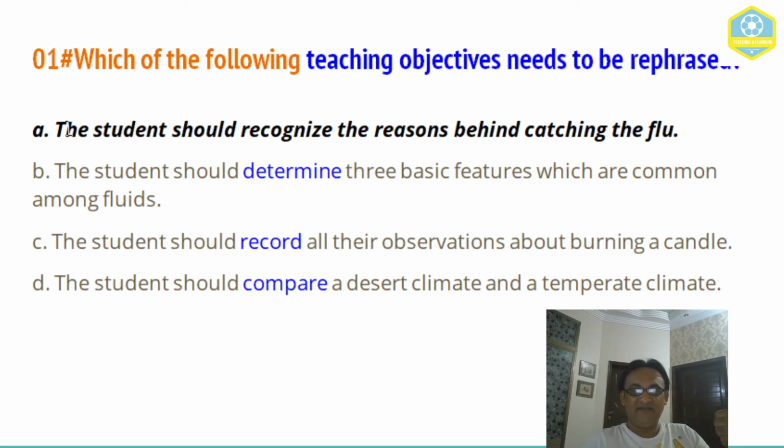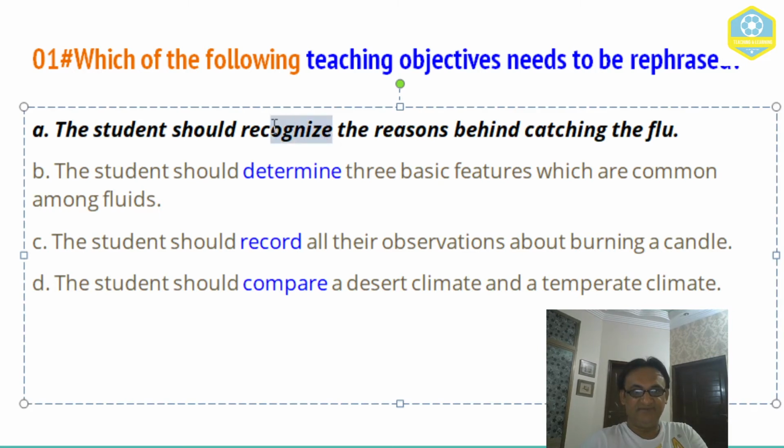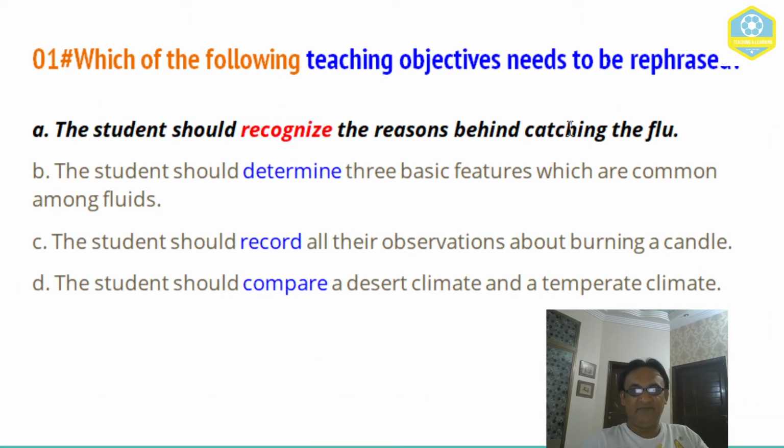Now the first one, the student should recognize the reasons behind catching the flu. So in this learning outcome, the action verb is recognize. Now, recognize doesn't mean that you have to do something; it's either right or wrong, or you just make your perspective in mind.